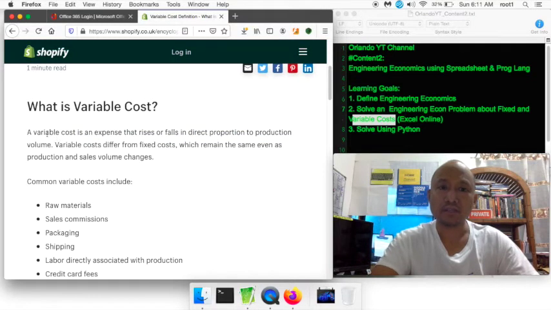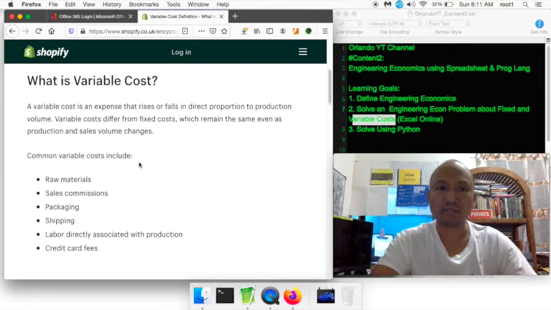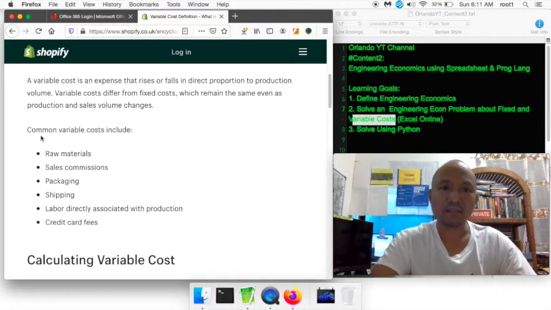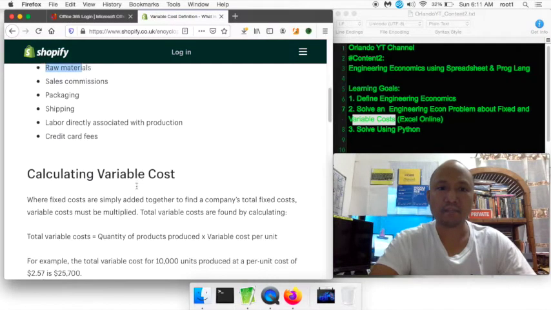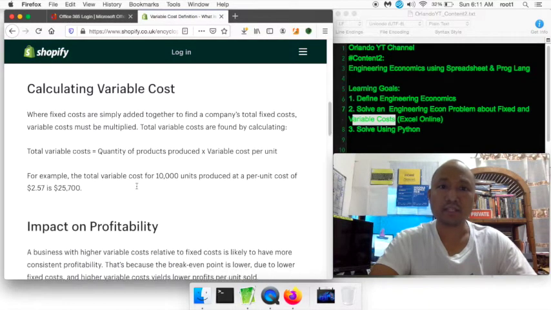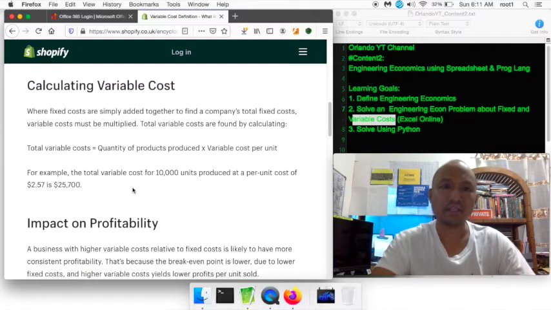So it's a cost that involves how big or small your production volume is. Sample common variable costs include raw materials, sales, and the like. For our first calculation, we'll compute this example using the spreadsheet, as well as use this example in solving with Python.